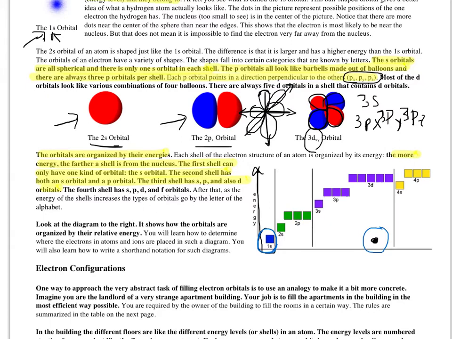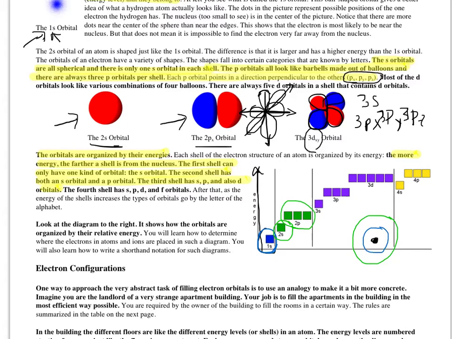And then as we got into the second energy level, it's a little bit bigger. And so we would find not only a 2s, but also the 2px, the 2py, and the 2pz. So basically 4 of those orbitals would be found within this distance here from the nucleus.